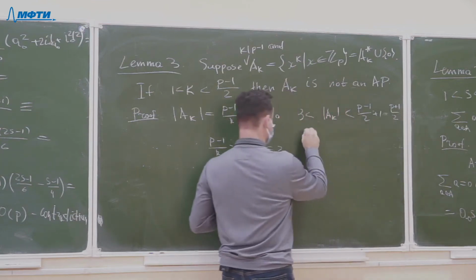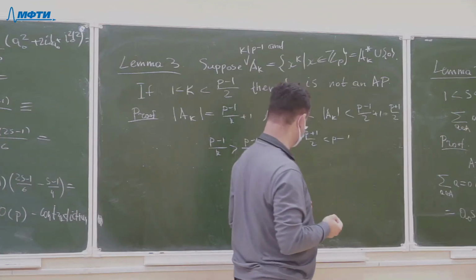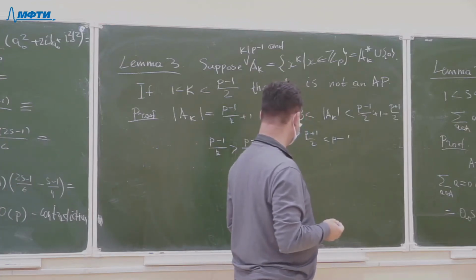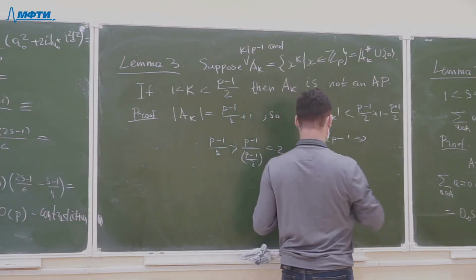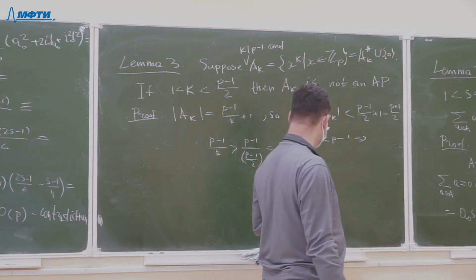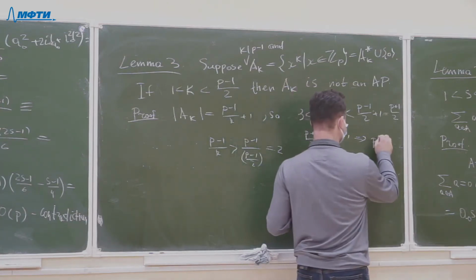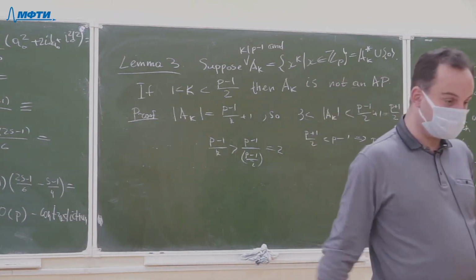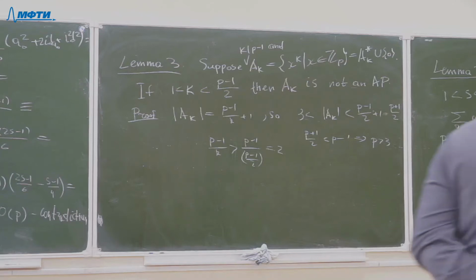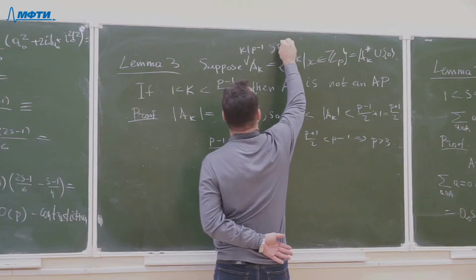When is this strictly smaller than P-1? When does it happen? When P is strictly greater than 3. Good, right? So yeah, P is at least 5.